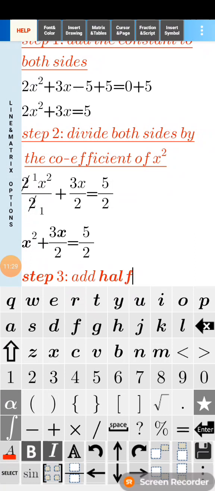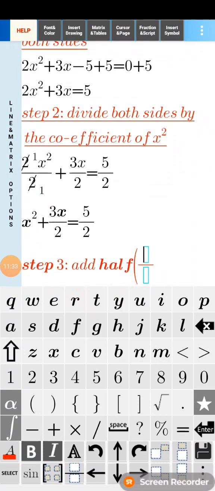Now the number that we have here is like this. Half, which is 1 over 2, is half. Close my bracket. So I will add half.